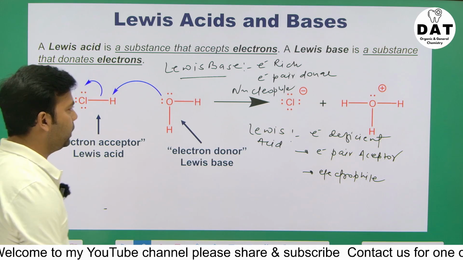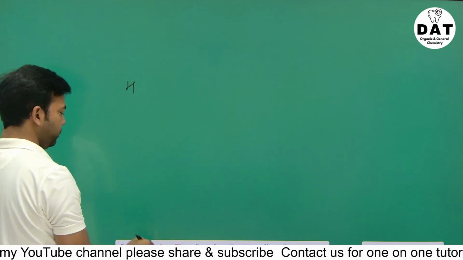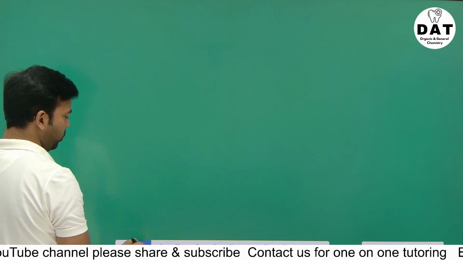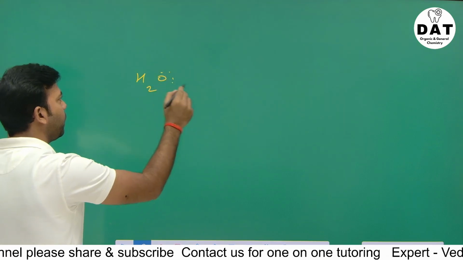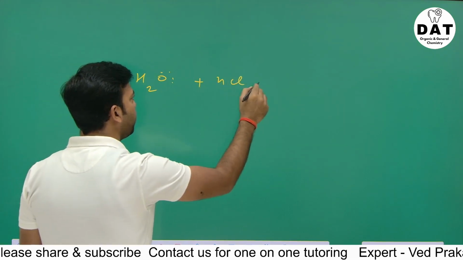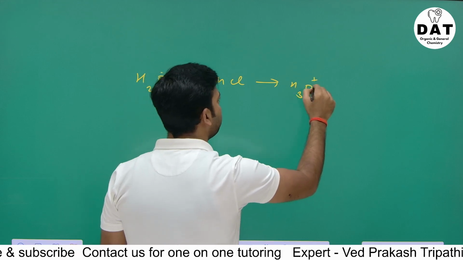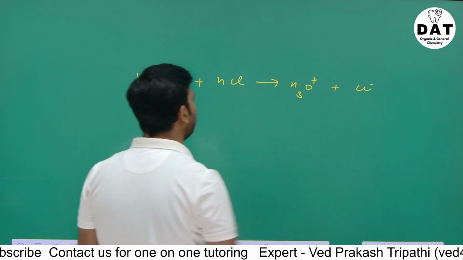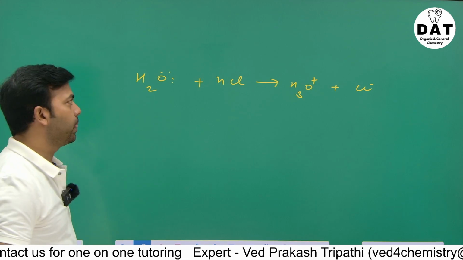So we can discuss an example here. We have H2O and here we have HCl, and it becomes H3O plus and Cl minus. So look at here. Oxygen has a lone pair.